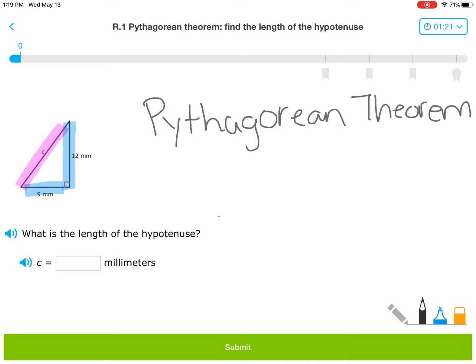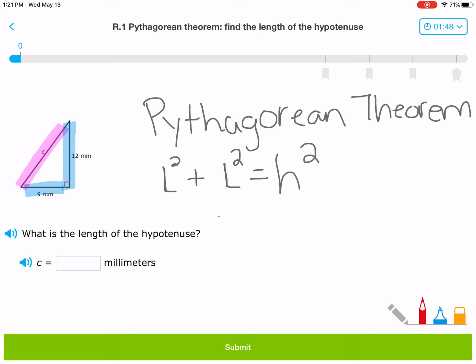The Pythagorean theorem states that if you take the two legs, so this is going to be an L, and you're going to square it, the other leg, and you square it, that you get the hypotenuse squared. So it doesn't matter if you use capital L or lowercase l. Maybe I'll change them. So leg squared plus leg squared equals hypotenuse squared.